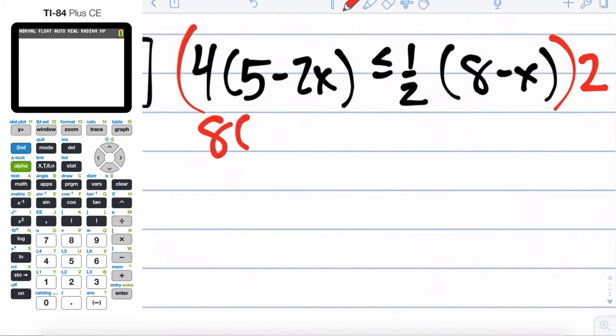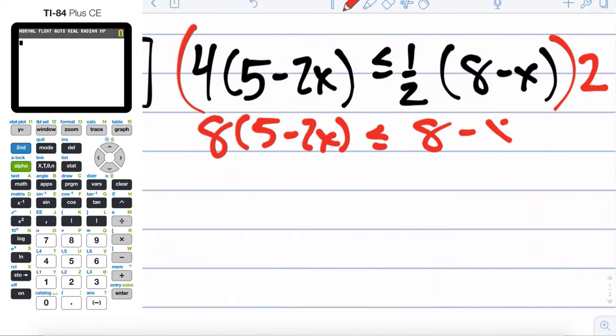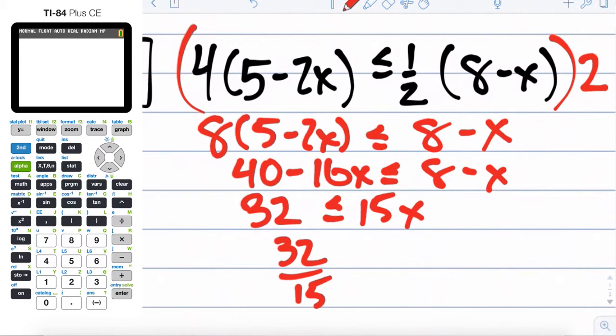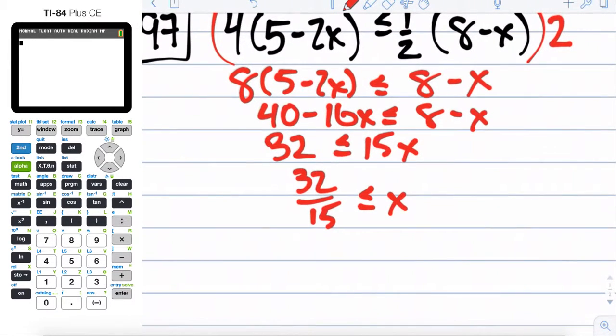So I'll get 8 times (5 minus 2x) is less than or equal to 8 minus x. Distribute the 8, you get 40 minus 16x is less than or equal to 8 minus x. Subtract the 8, you get 32. Add the 16x, you get 15x, and then divide by 15, so you get 32 over 15 is less than or equal to x.